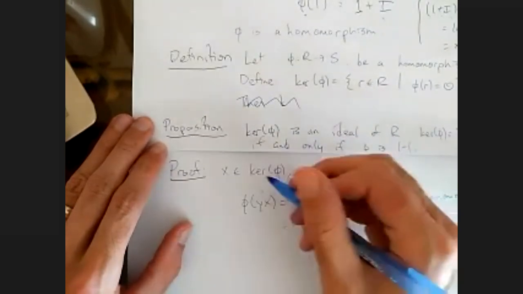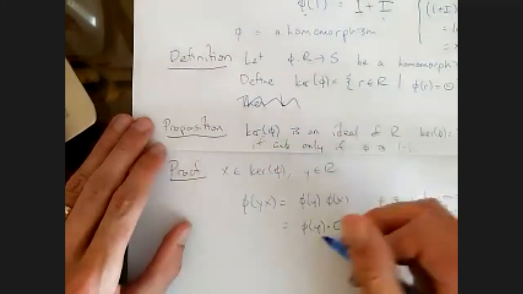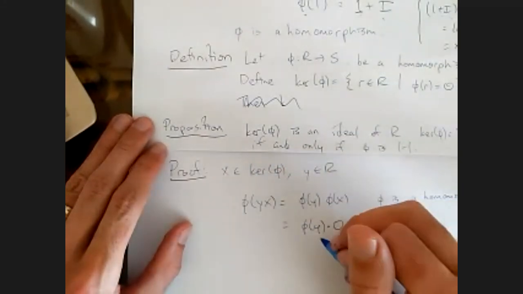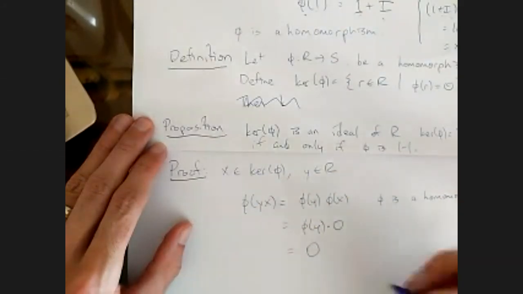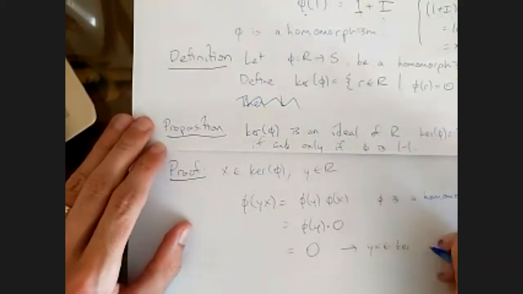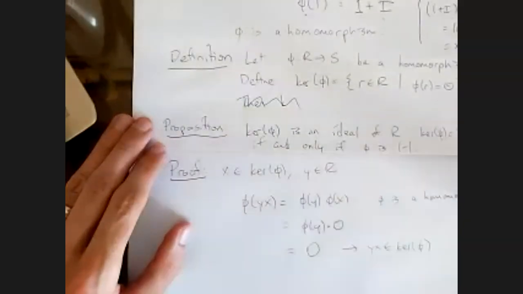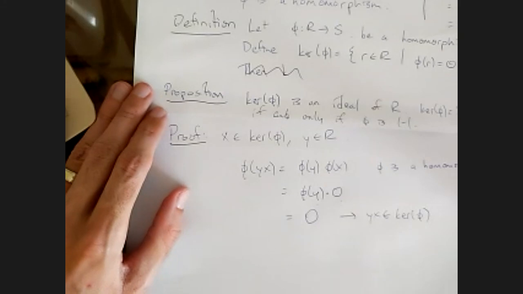Everything in the kernel, so the definition of kernel says that phi of x should be 0, so it's just phi of y times 0. Now, anything times 0 is just 0. That tells you that yx is in the kernel whenever x is. So that tells you that the kernel is closed under multiplication by elements of the ring.